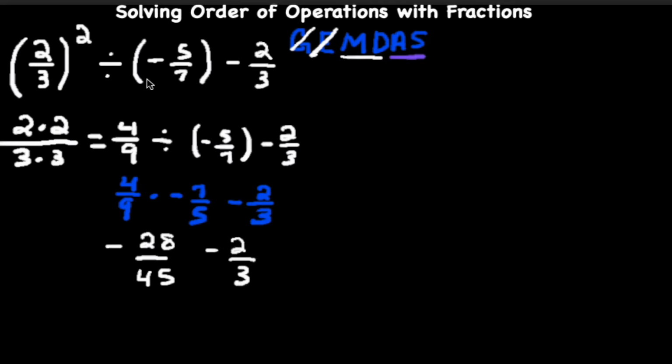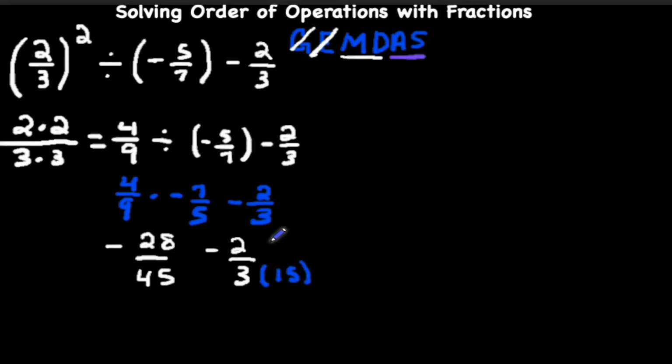Okay, so now if you take a look here, when we're subtracting fractions, we need to get the denominators the same. So we need to find the least common denominator. So 45 will be the least common denominator. That means we don't have to do anything with this first fraction, but we need to do something about the second fraction. Somehow we have to change 3 into 45, and we do that by multiplying by 15, because 3 times 15 is 45.